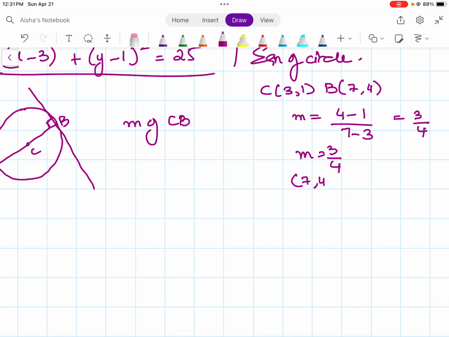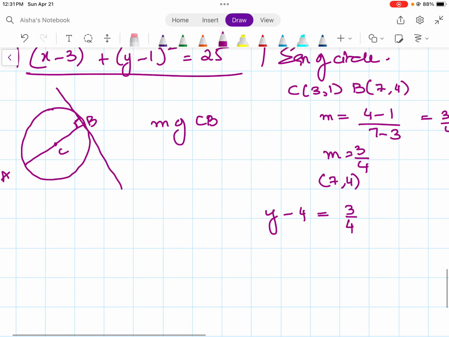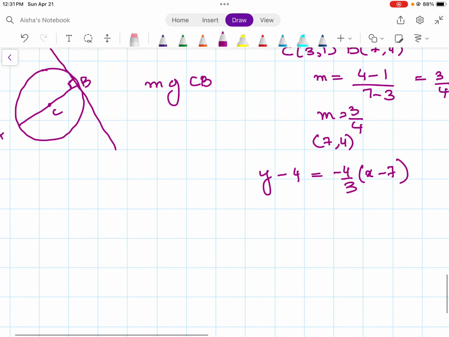Now the point is (7, 4), and the gradient that we will use will be minus 4 upon 3, because it is the negative reciprocal. So if this gradient is 3 upon 4, this will be minus 4 upon 3.